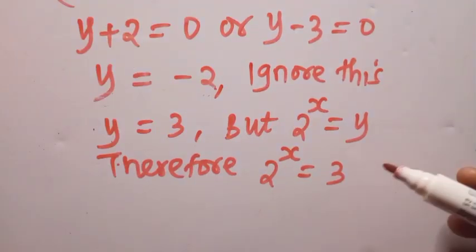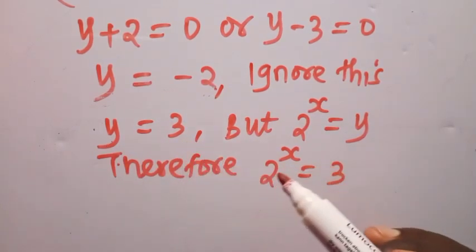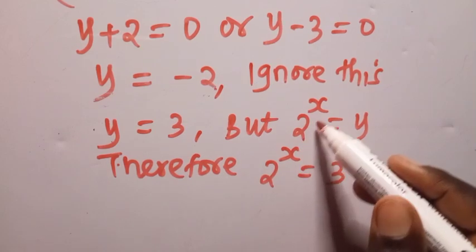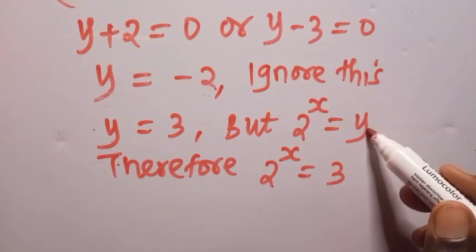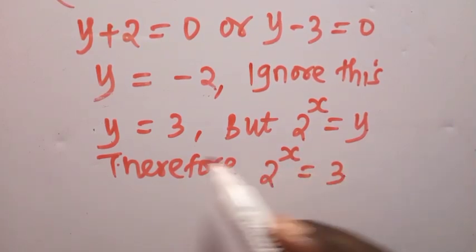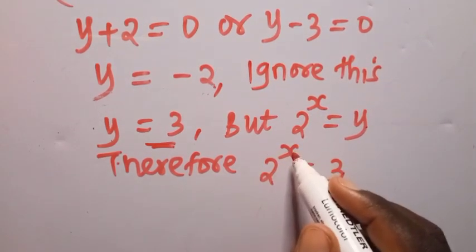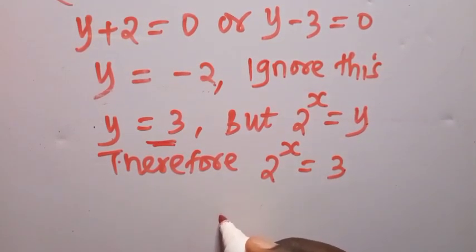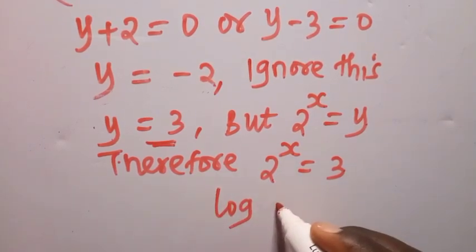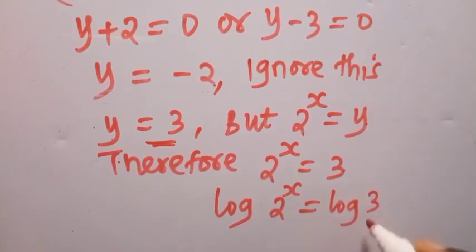We had let 2 raised to x as y, and therefore our 2 raised to x will be 3. We are only considering this. And therefore, for us to find the value of x, we shall introduce logarithms on both sides. Then we shall have the logarithm of 2 raised to x equals the logarithm of 3.